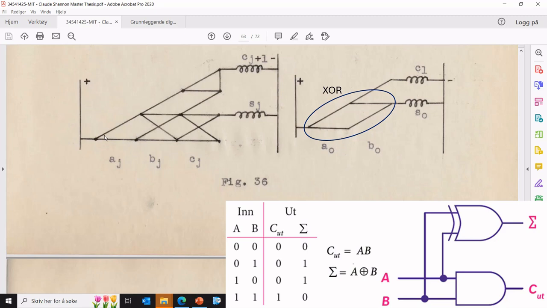And if Aj and Bj are equal to 1 and Cj is equal to 0, you also get out a 1. And if Aj is 0 and Bj is equal to 1 and Cj is equal to 1, you also get out Cj plus 1.